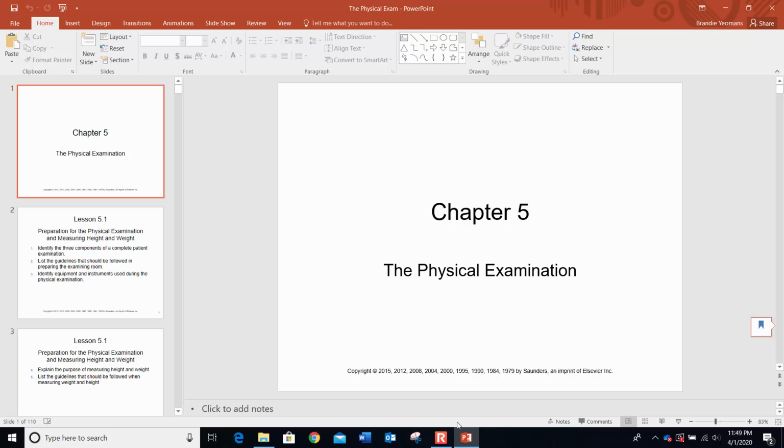And how do we weigh patients? Well, we have to use a scale. And if you remember, we look at page 149 and 150. This is looking through your textbook at the procedures for doing weight. It actually is going to show you a weighted scale that we would measure a patient's weight with.